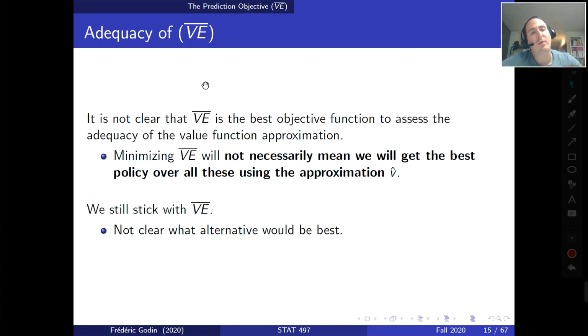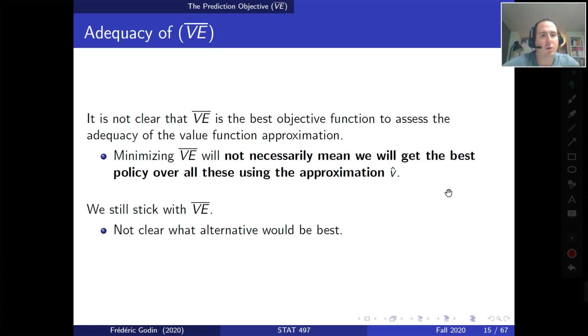And when we do that, we can form an approximation of the policy, and it can be shown that even if you're able to minimize VE bar, your objective function, this might not necessarily lead you to the optimal policy.